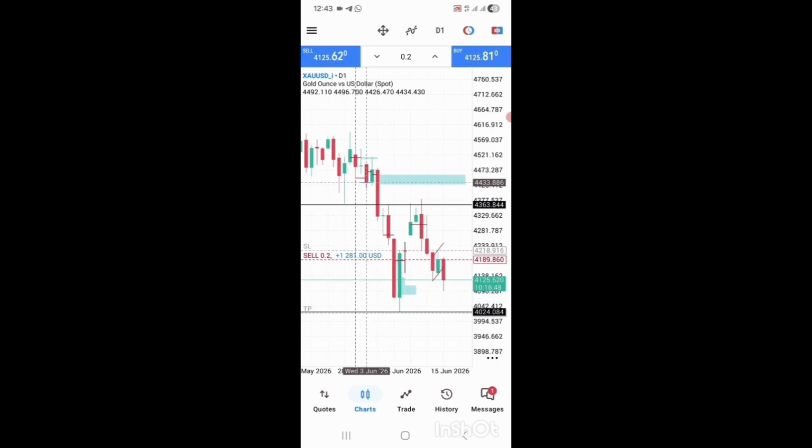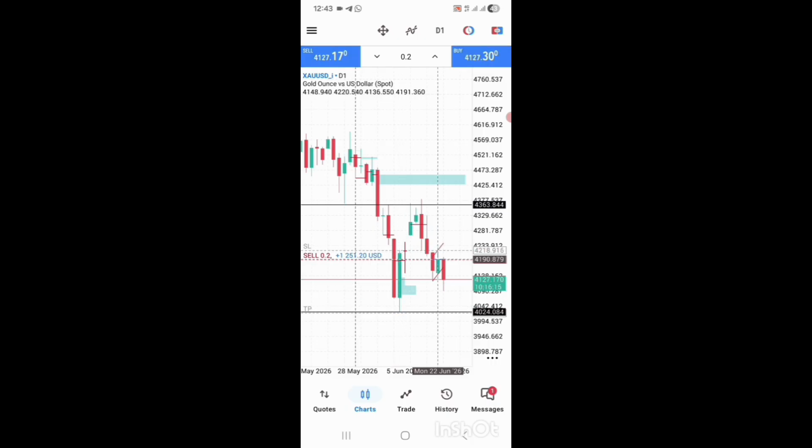But in the process of playing that, it had this high that later went on to create this high here that never got tested, just the same way this high here is not being tested. In the same process, having this high here that didn't get tested, it later went on to form another high that created these two candles, of which it created a new low here.